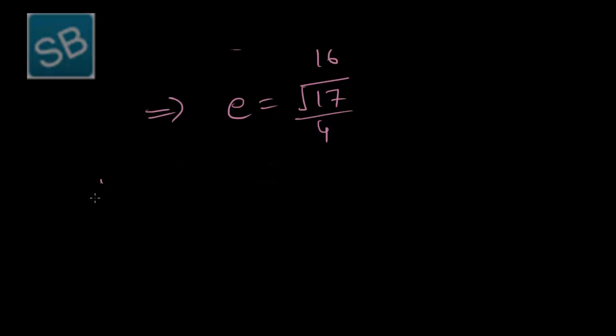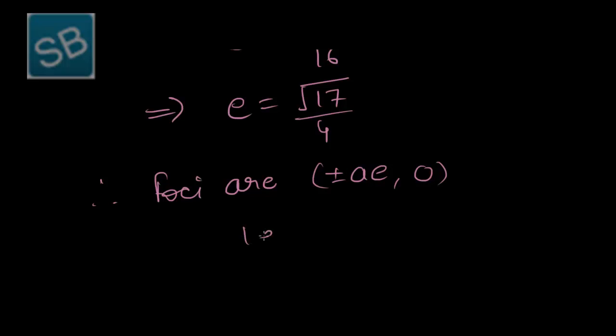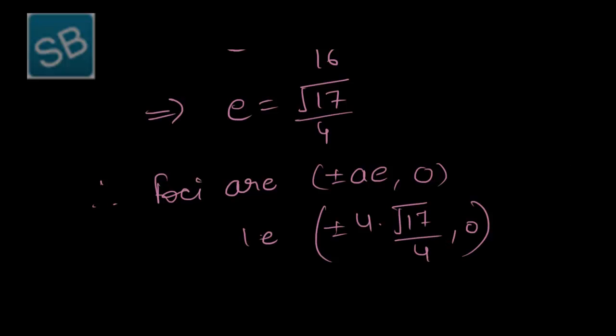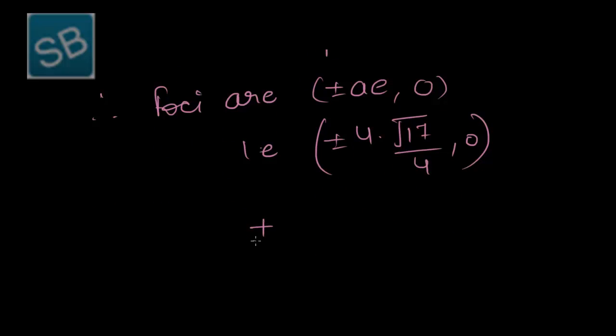Therefore, foci are plus minus AE, 0. That is, a is 4, e is under root 17 over 4, 0. That is, plus minus under root 17, 0 are the coordinates of foci.